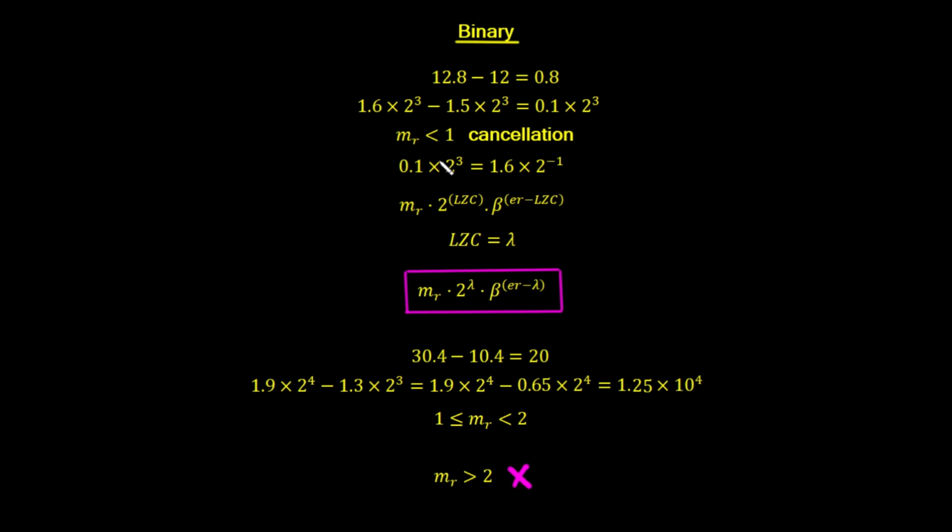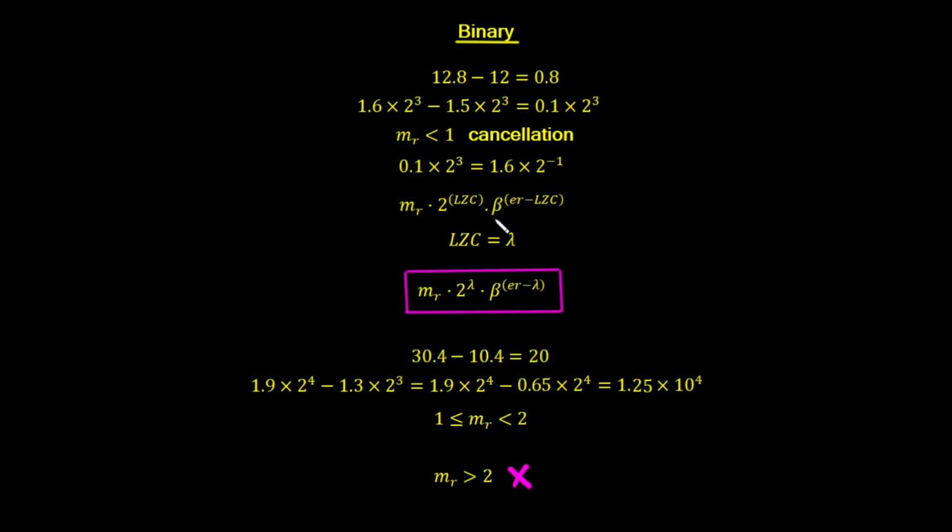Well, we're going to find this by the leading zero count, and this is best seen on the Excel spreadsheet. So we will go ahead just in a moment and we'll put these numbers into the Excel spreadsheet, and you'll see where this leading zero comes from. So the increase in this mantissa is going to be by a factor of 4, and this factor of 4 will be the leading zero count.